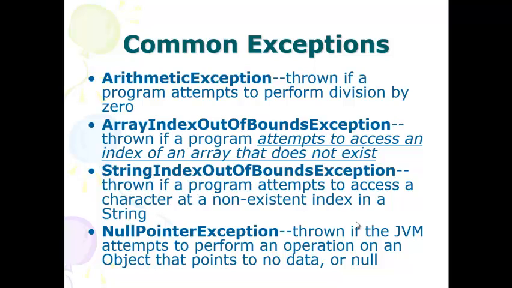So these are the common exceptions, basic examples of using exception handling. This time we're just using these two as basic examples: the arithmetic exception and the array index out of bounds exception. But as you can see, there are lots of exceptions that you can use. First is the arithmetic exception. This is thrown if a program attempts to perform division by 0.